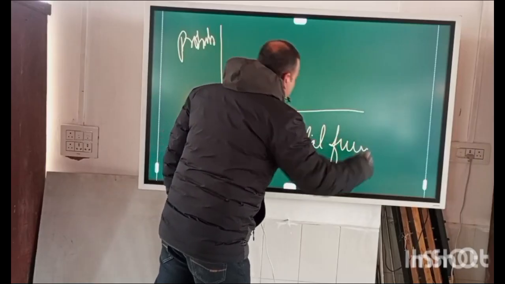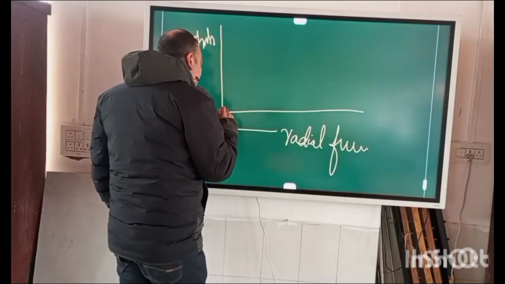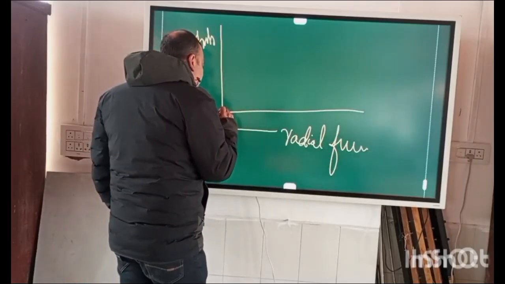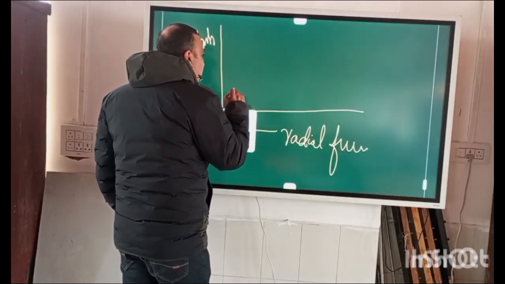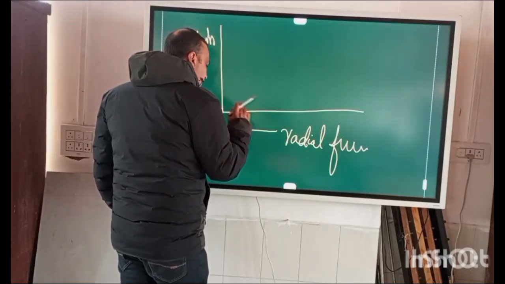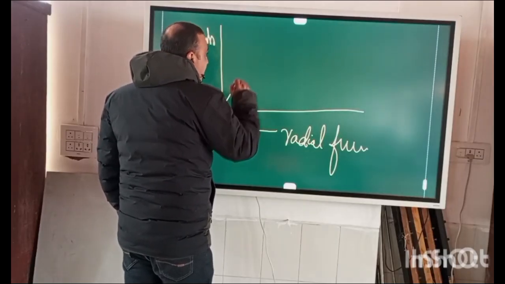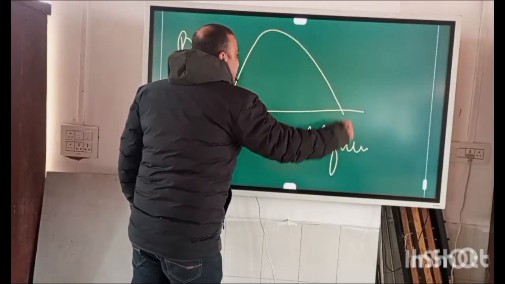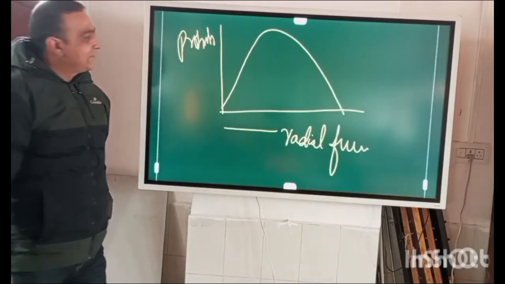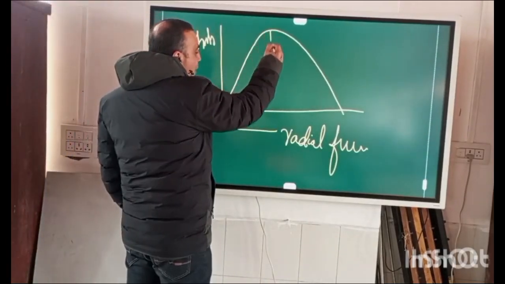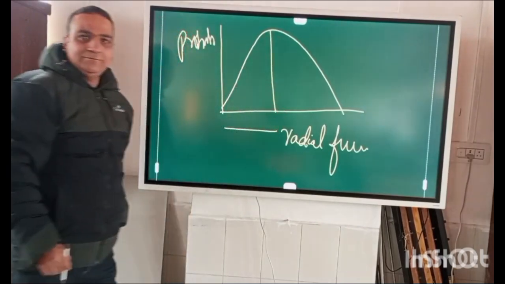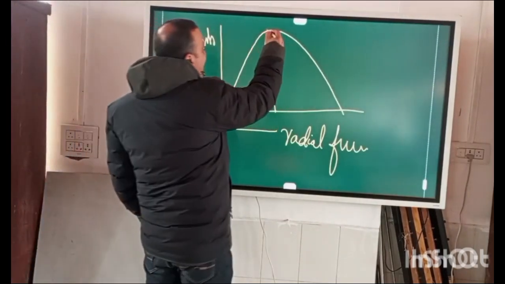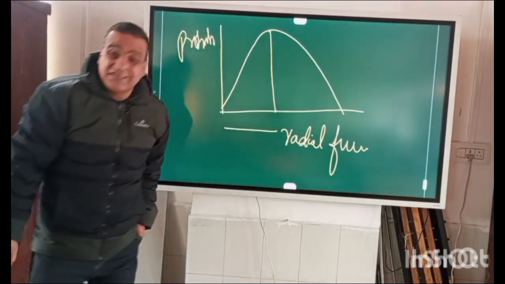And what I observe is it does not start exactly from 0. When I plot it, I get something like this. Now, what will you call this point for this graph? This is a maximum.